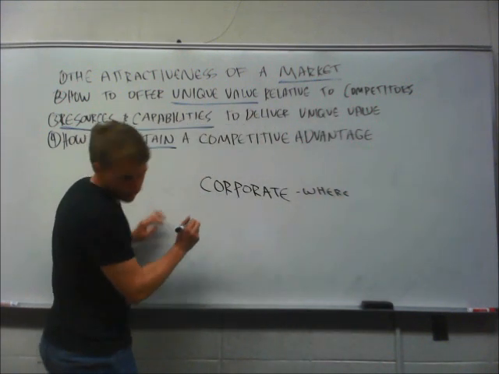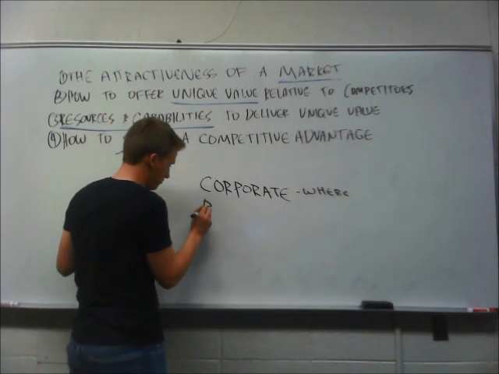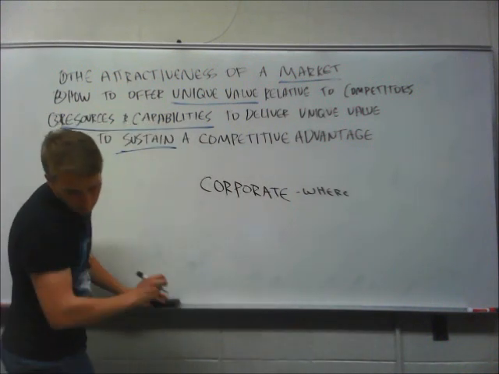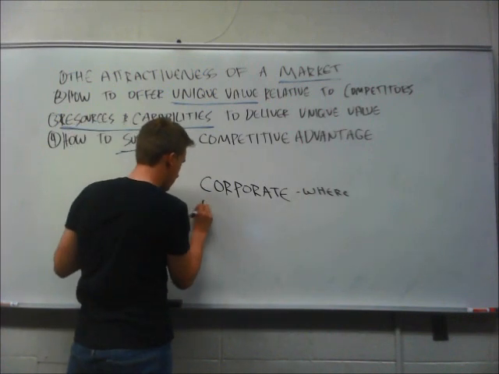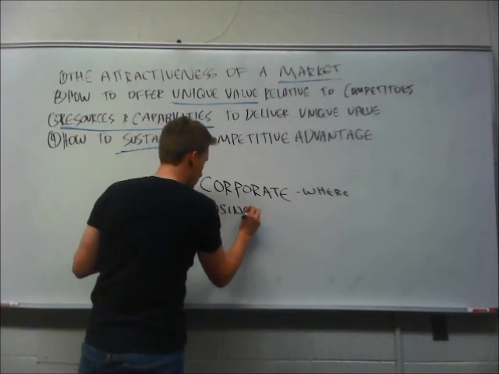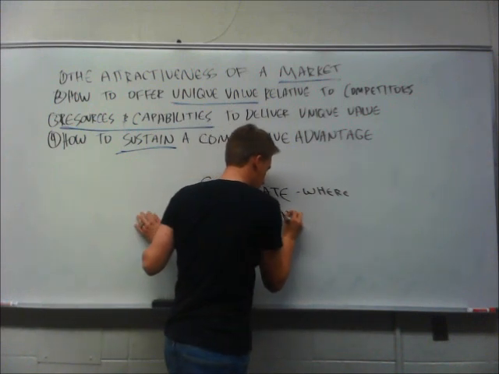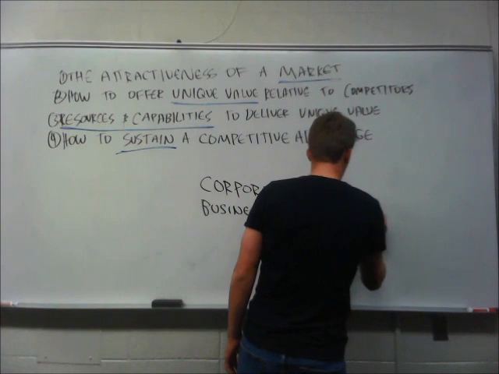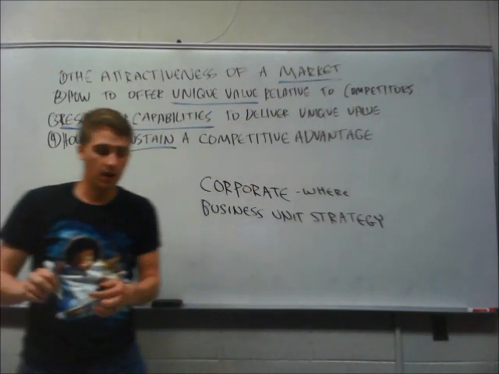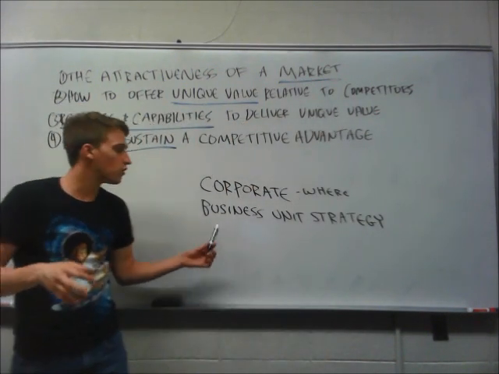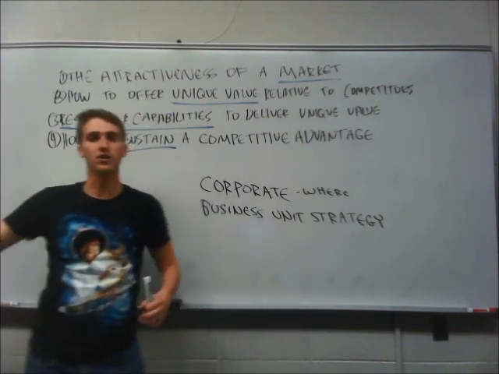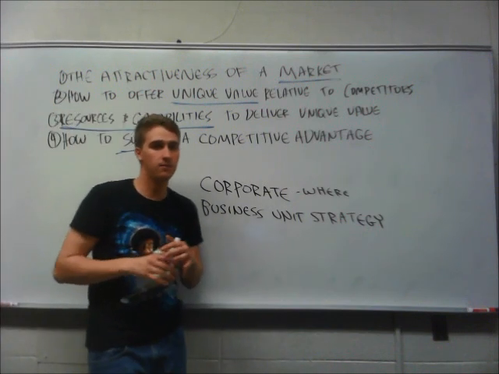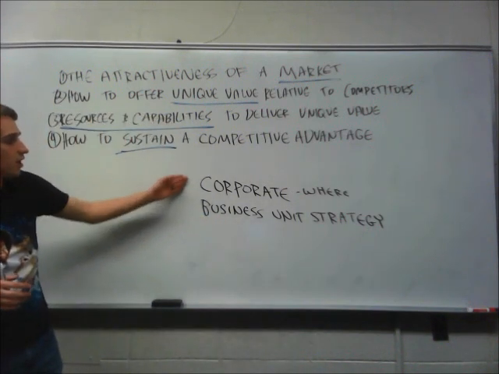The next level down, the business unit strategy. So think about each business you go to as their own unit. When you go to Subway, they have their own business unit strategy. Obviously, they talk to corporate.